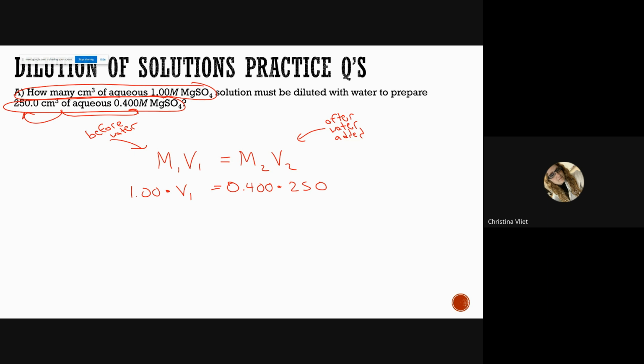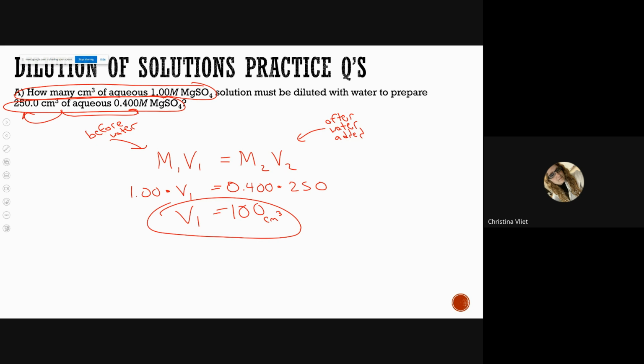Check that out. 250. 100 equals V1. And what's the unit for that? Centimeters cubed. Match your units. If you start with centimeters cubed, you end with centimeters cubed.